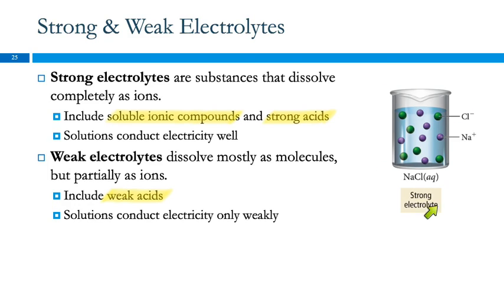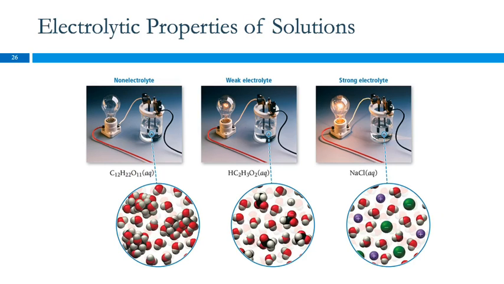Sodium chloride is a soluble ionic compound. When it dissolves, all of the ions separate. We don't have any formula units staying together. They all separate, so this is a strong electrolyte. We've got a picture, yeah. So this is a non-electrolyte, sugar. It dissolves in the water, but it doesn't form any ions, and so the light bulb will not go on.